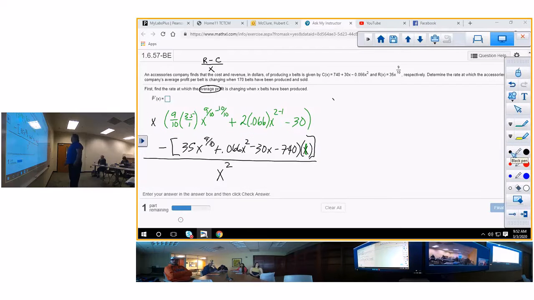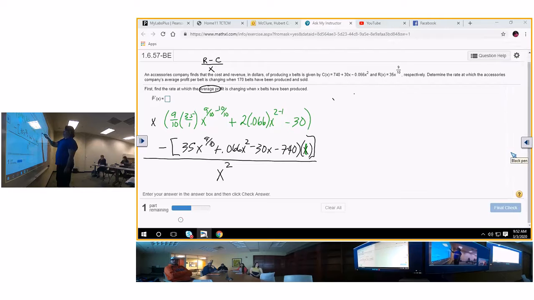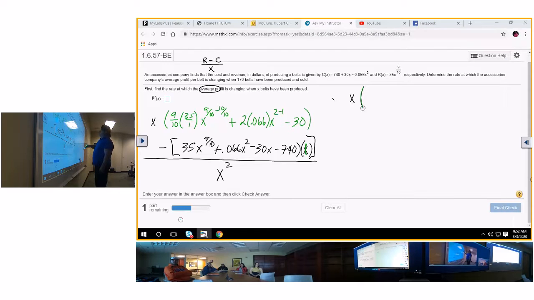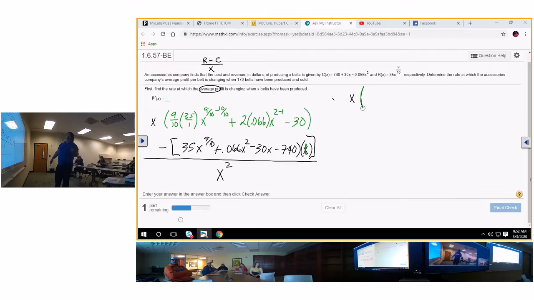So x times, and I'm going to put this in brackets, it's still green because I'm still working with it. That's going to be, 10 will go into 5, that'd be 9 over 2.